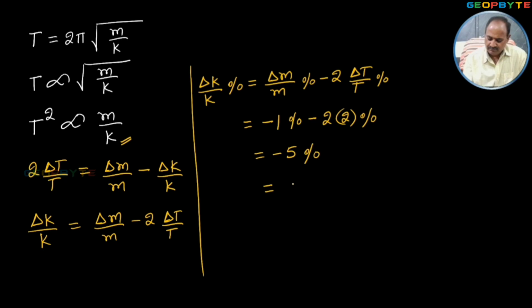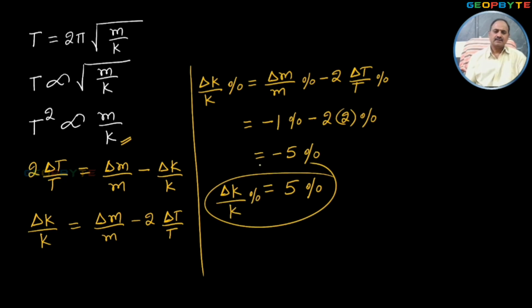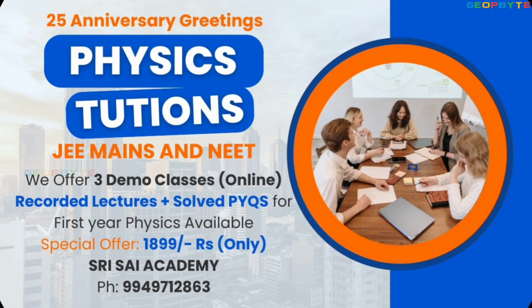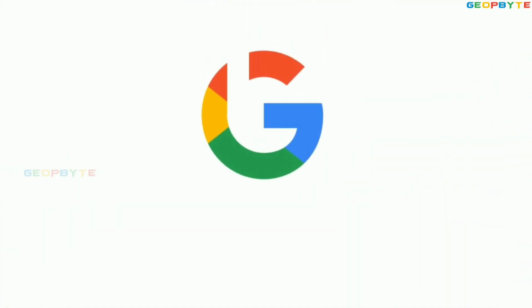So the magnitude, that means the modulus of that value, the percentage error in the spring constant K is 5%. Look at the options. Option A itself is absolutely correct. Understood clearly?